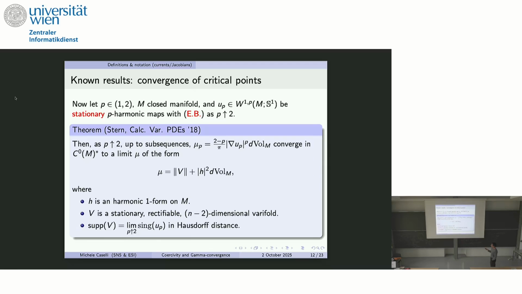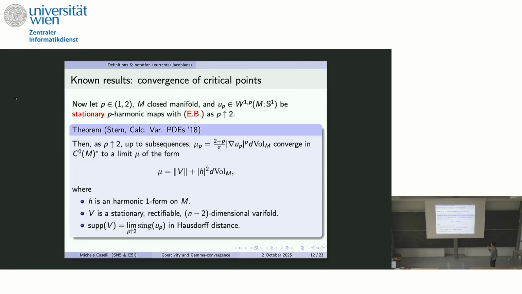The limit n-2 part is a varifold. The limit measure is a stationary varifold, so a weak minimal surface with mean curvature equal to 0 in a weak sense, n-2 dimensional and rectifiable, and the support of this is the limit of the singular sets in Hausdorff distance.